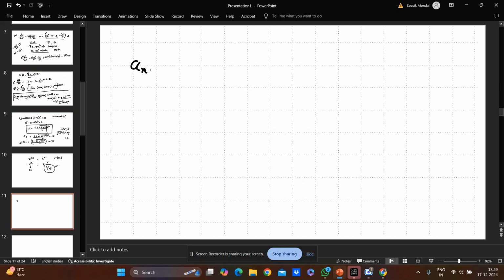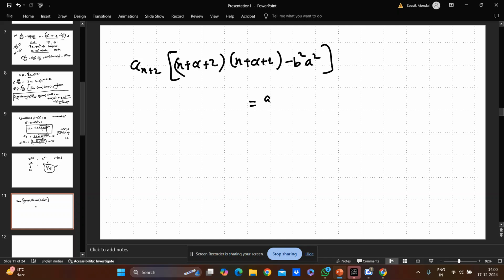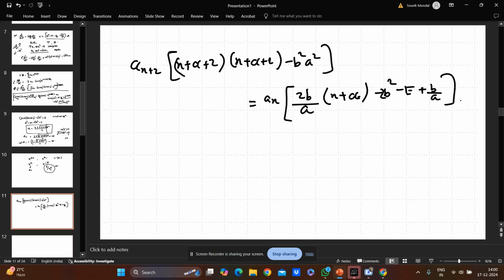So a(n+2) into (n plus alpha plus 2) into (n plus alpha plus 1) minus b square a square is equal to a(n) into [2b by a into (n plus alpha) minus 2b square minus e plus b by a], that is the relation of a(n+2) and a(n).